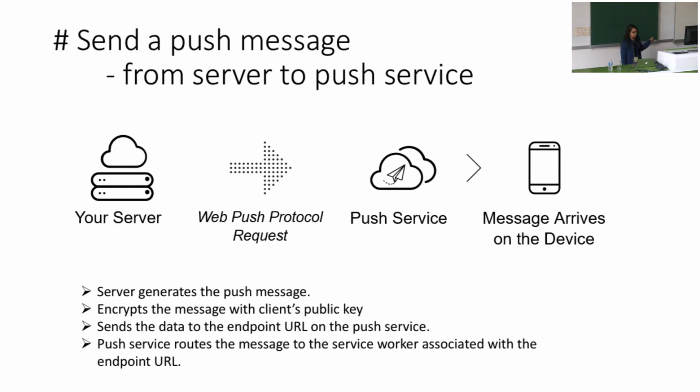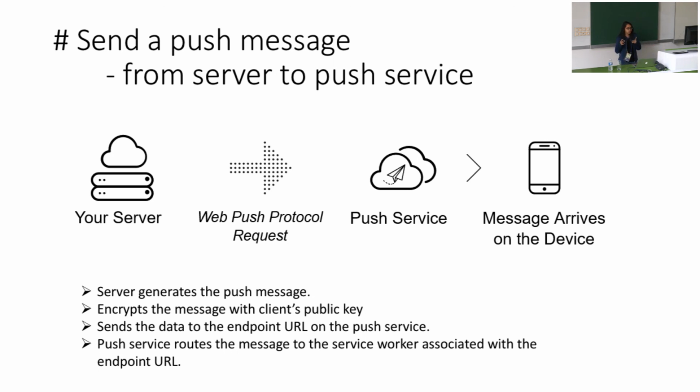At the server side, once we have this information stored, whenever there is some trigger that the server wants to push to the user, it generates a push message. This push message is encrypted using the client's public key, which was passed on to the server, and then it sends it to the endpoint URL on the push service or the push server.